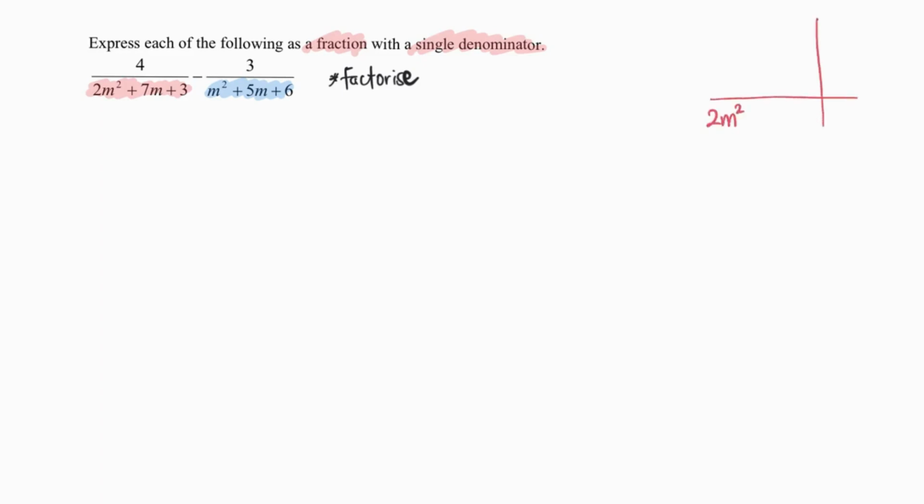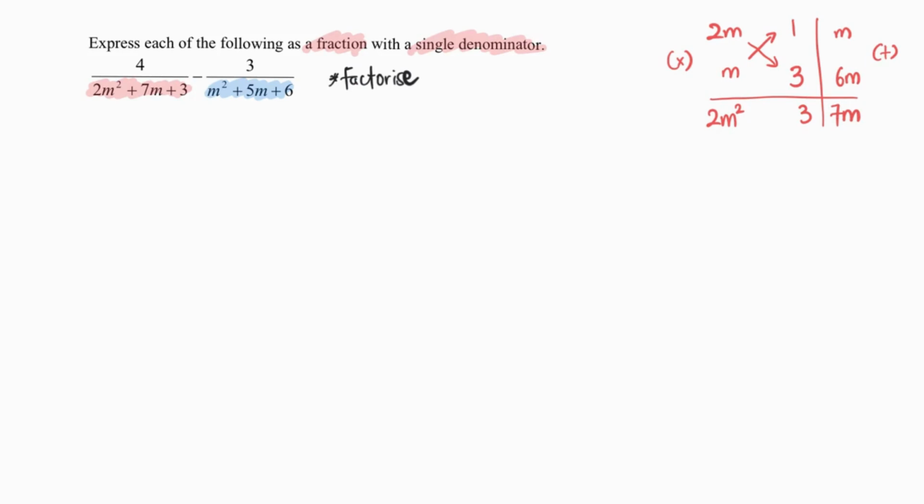Two m squared, positive 3, 7m, and 2m times m. This one is all the factors of 2m squared. And in order to get 7m, I could get the 2 times 3, 6m here, 1m here, and when I add them up, yep, they do give me back my 7m.